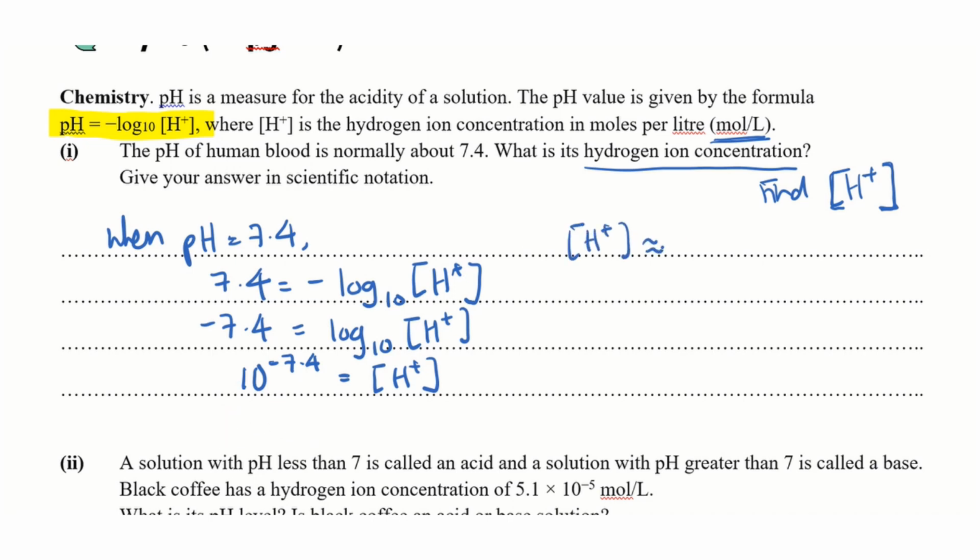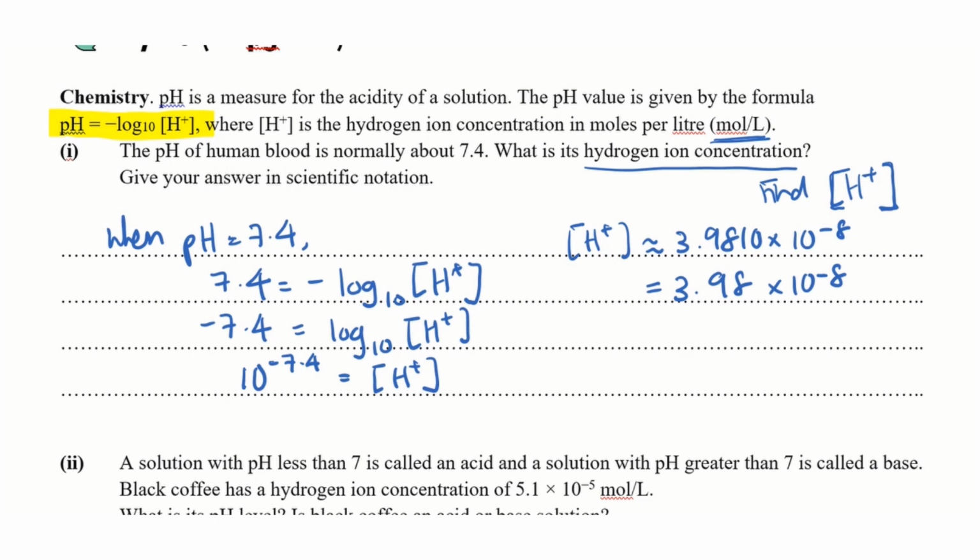The concentration is about 3.9810 times 10 to the power negative 8. That's truncated to 5SF, and we always leave our answer in 3SF, so that will be 3.98 times 10 to the power negative 8. So we are leaving our answer in standard form.